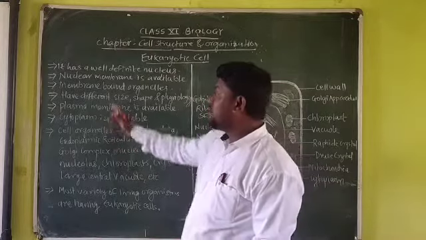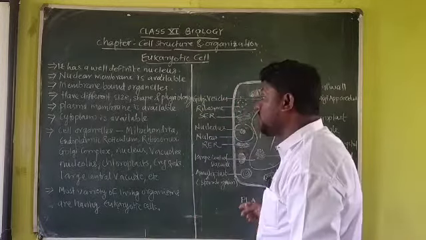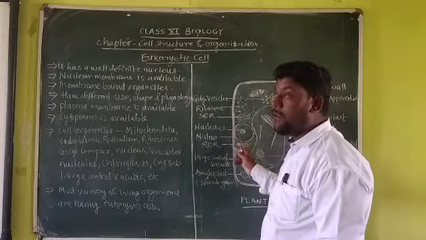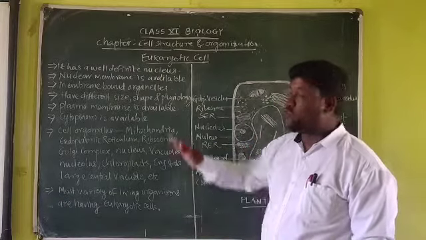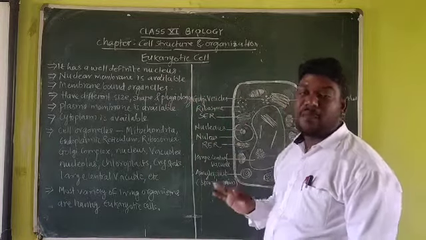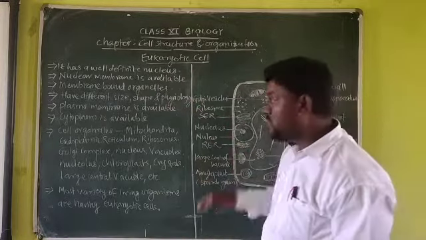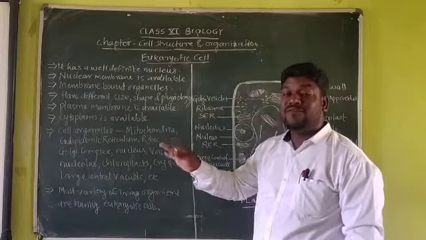Next, the nuclear membrane is available. When there is a nucleus, the membrane, which is the covering for that particular organ, is available. So if there is a nucleus, the nuclear membrane is also available, meaning it is a totally developed nucleus. Membrane bound organelles is another difference.